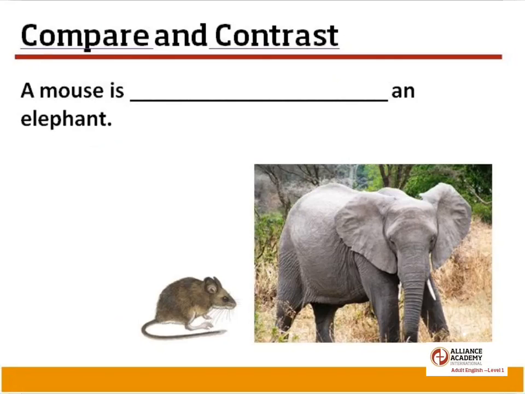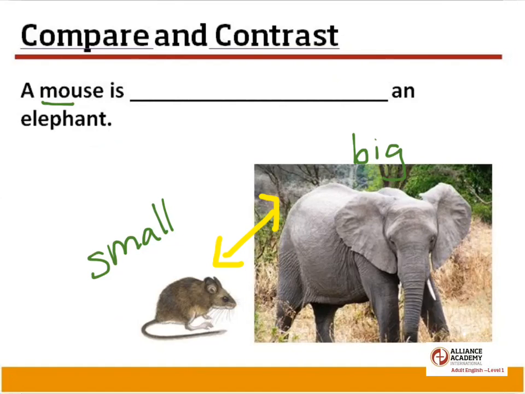When we compare and contrast, we're talking about how two things might be the same, but probably how they are different. So in this example, I know that a mouse is small, and I know that an elephant is big. So when I compare it, I'm going to say a mouse is, and I want to explain that the mouse is bigger or smaller than the elephant.